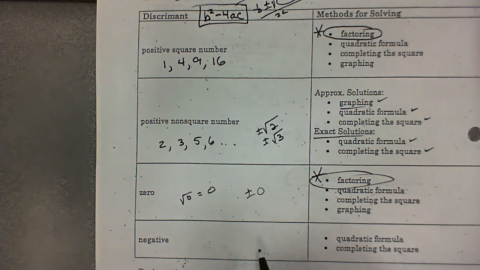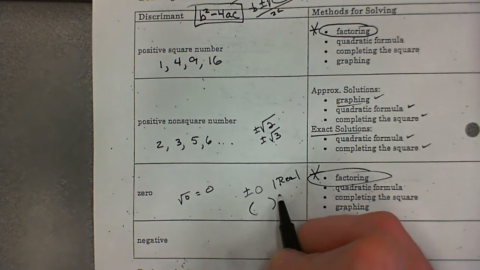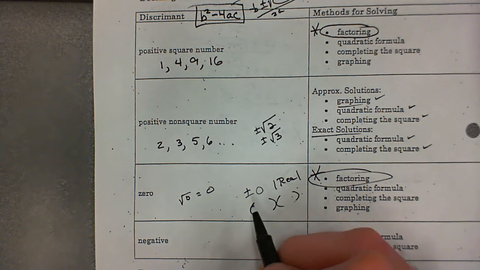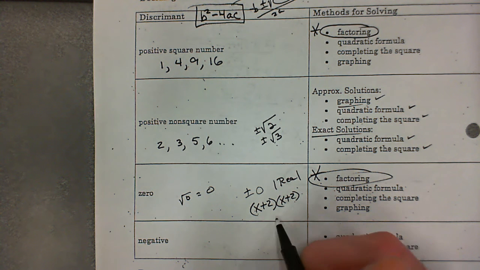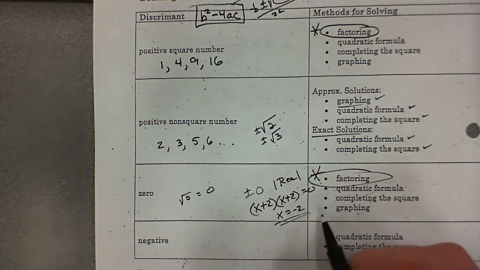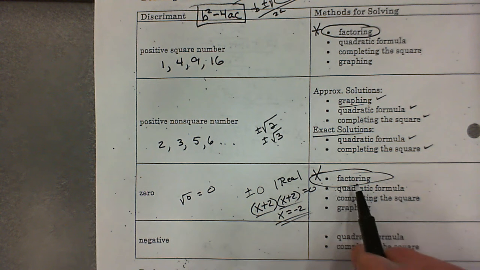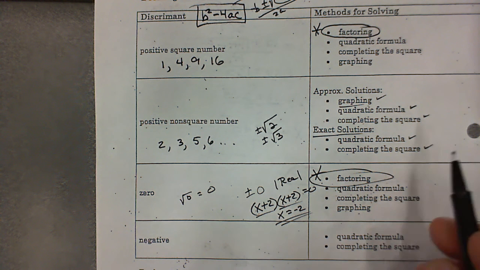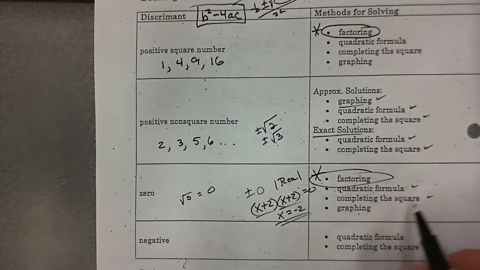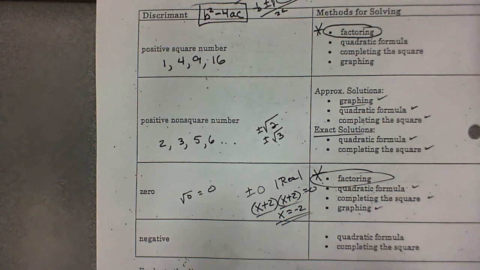Not only does it factor, but because there's only one real solution, the factors have to be the same, such as x plus 2, x plus 2, because if that was equal to 0, x would equal negative 2. So factoring is super easy because both factors have to be the same. You could use the quadratic formula, completing the square, or graphing, but all of those would take much longer than factoring.